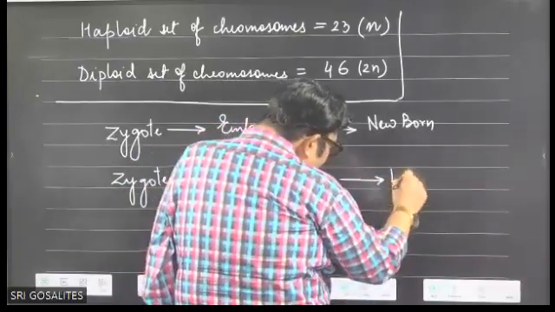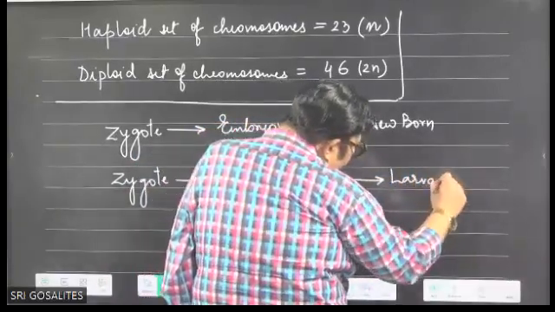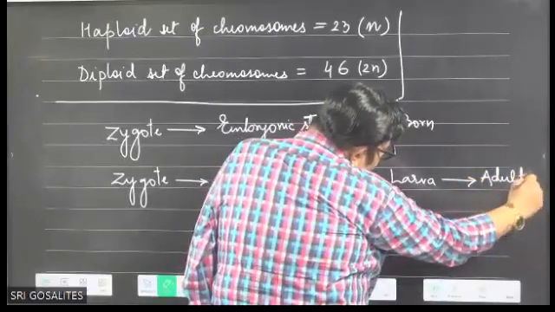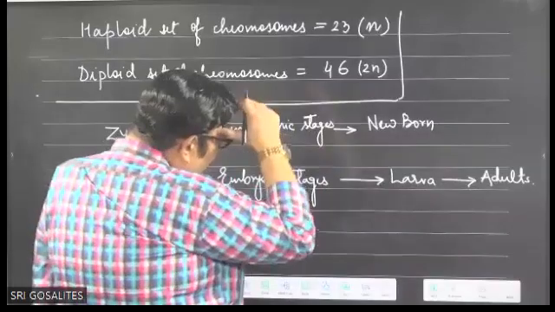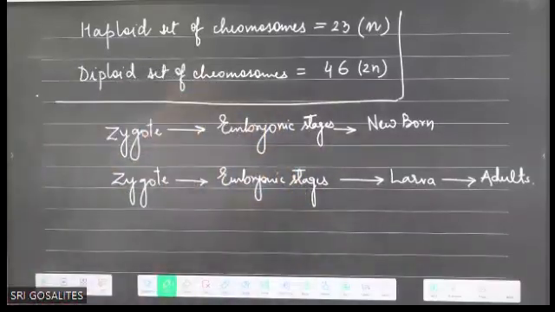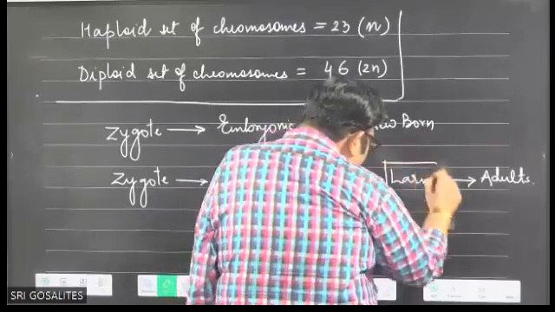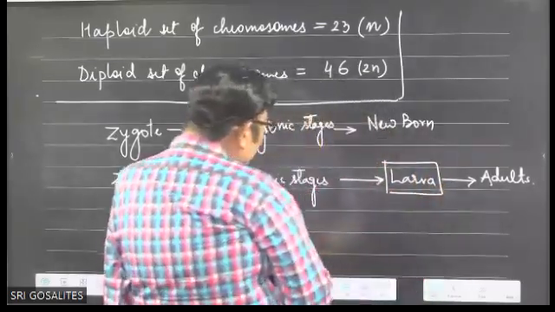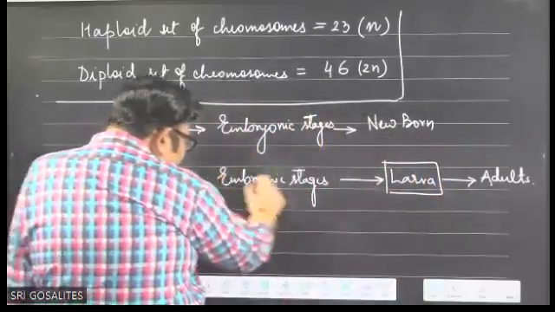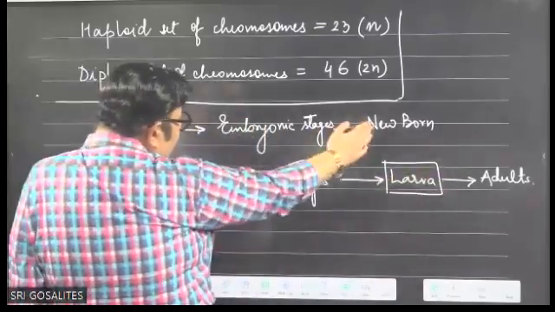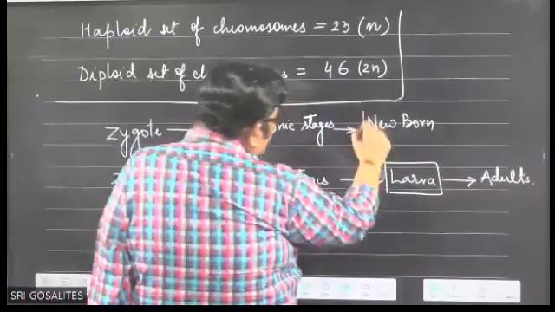Embryonic stage is born as larva, and larva becomes adult. When a larva starts appearing, we can say that this type of embryonic development is called indirect. This is direct: embryo directly newborn, no problem.